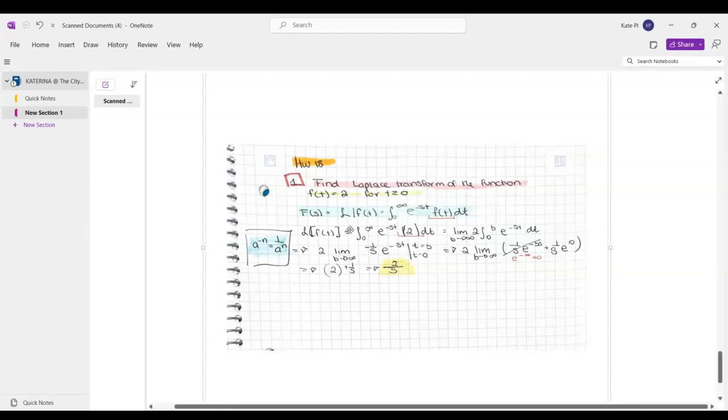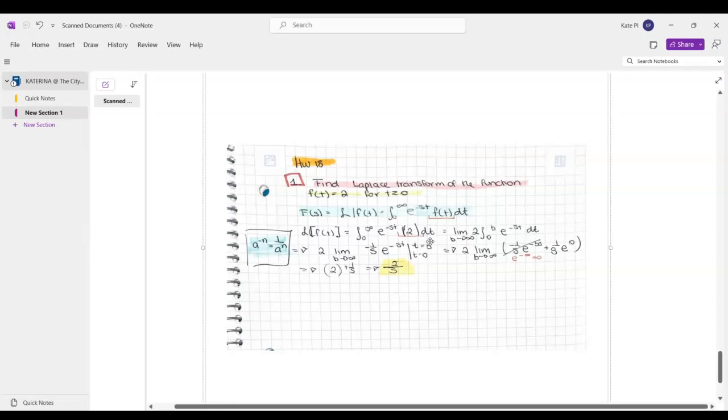So what I did first is I have the Laplace of f(t) equals the integral once again from 0 to infinity of e to the power of negative st, and then we just plug in the 2, since our function f(t) equals 2, dt.